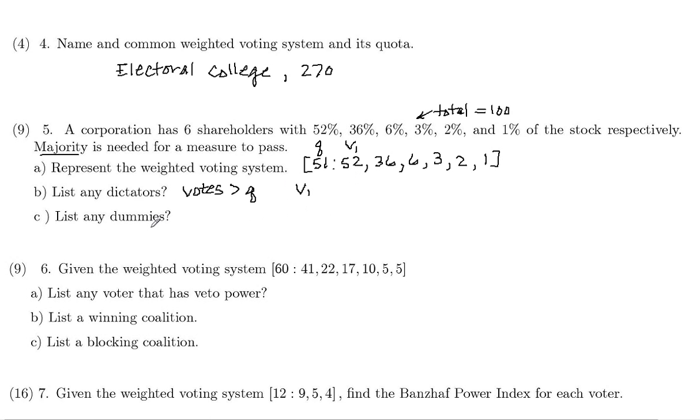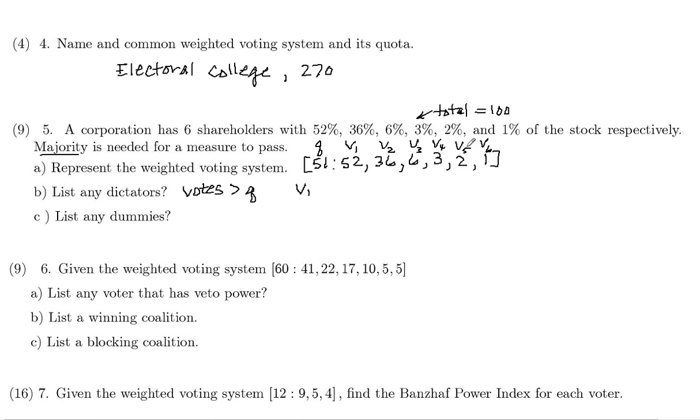Any dummies here? Anybody that would not have any power on the outcome of the election? Well, yeah, since voter 1 is a dictator, whatever they say goes. In fact, if all the rest of the voters got together, voter 2, voter 3, voter 4, voter 5, and voter 6.